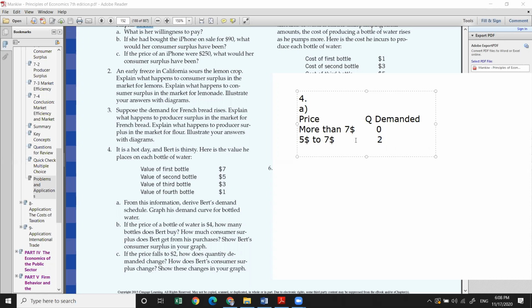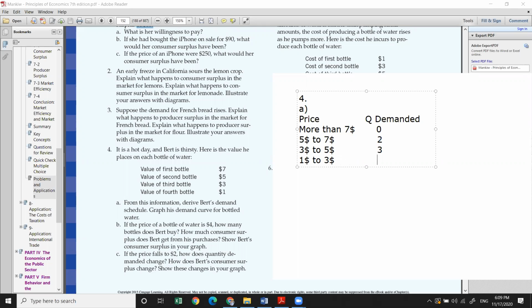The value of the third bottle is $3, which means from $3 to $5, in total he will get 3 bottles. The value of the fourth bottle will be $1 to $3.